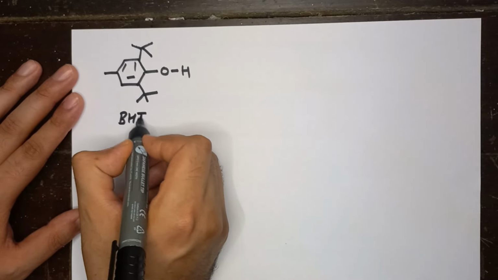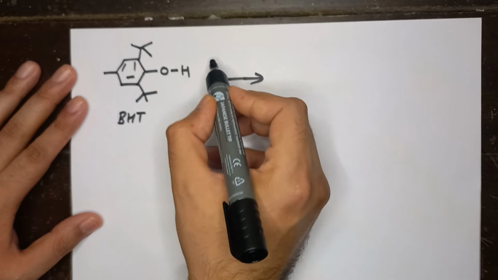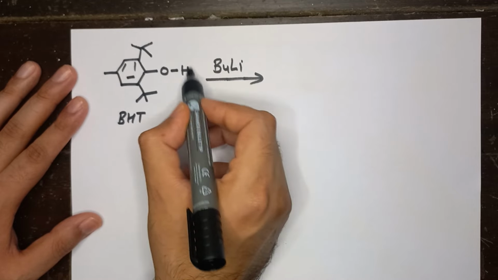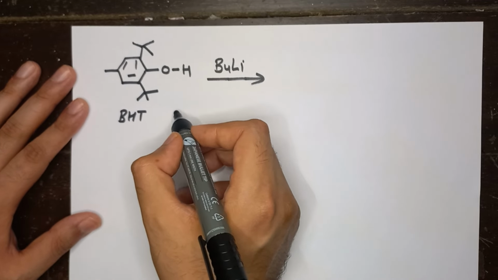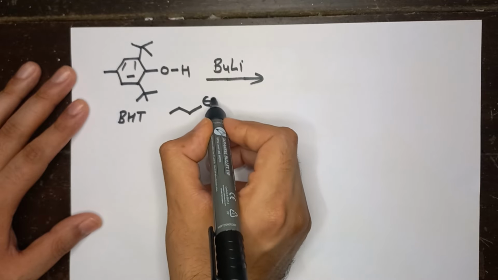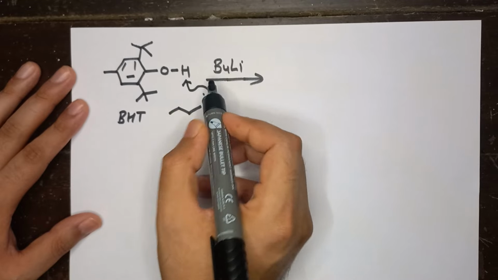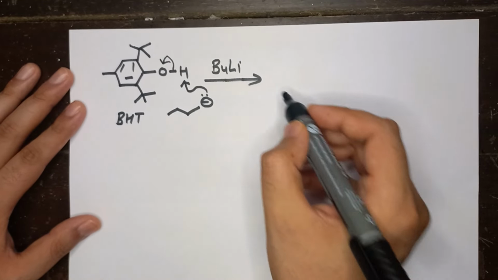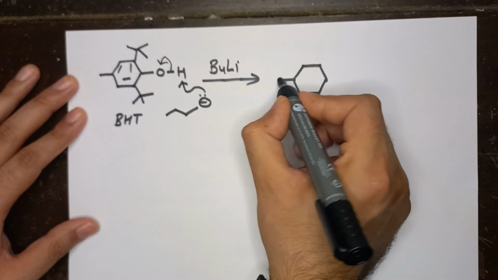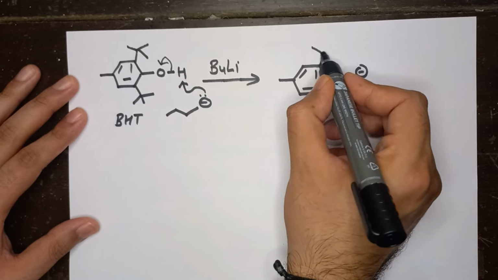Let me start with BHT. If I use base like butyl lithium, so butyl lithium is nothing but the 4 carbon base. So this will take away this proton, will generate O minus. So this will give me O minus, and we have a 3rd butyl here.